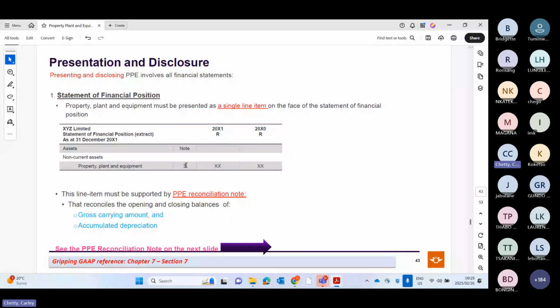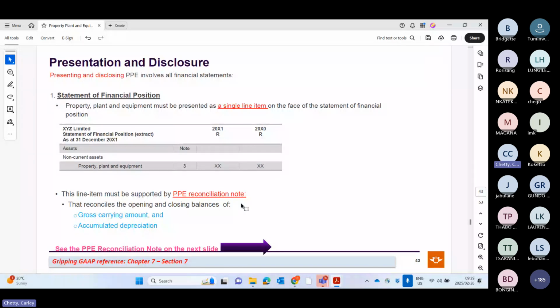All the calculations in detail will be contained in that note. The reconciliation note reconciles the opening and closing balance of PPE. So this will show the gross carrying amount and it will also show the accumulated depreciation.